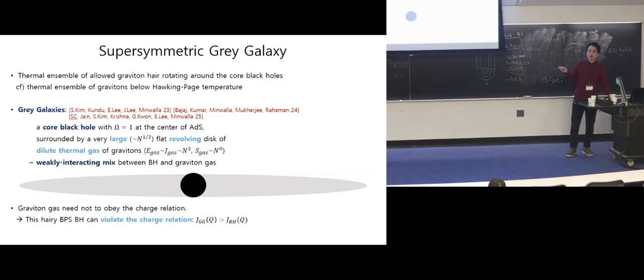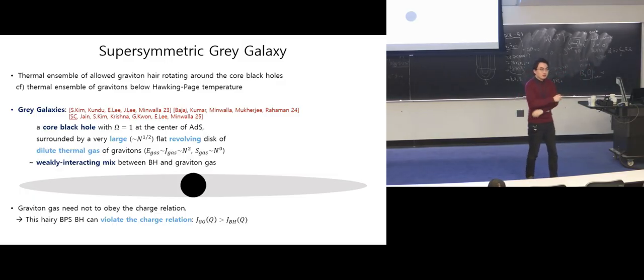Any questions about these gray galaxies? Yeah, sure. If you're a GR person and you write down a solution of Einstein's equations, you solve some PDEs, it's classical physics. And then the weird thing about black holes is that they also have a thermodynamic interpretation.